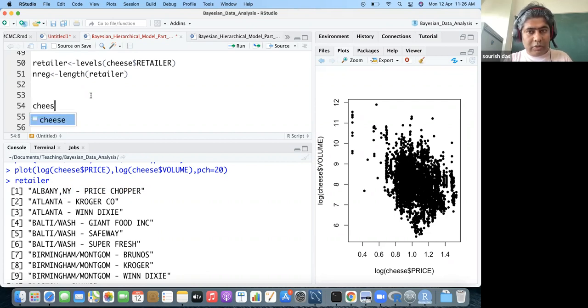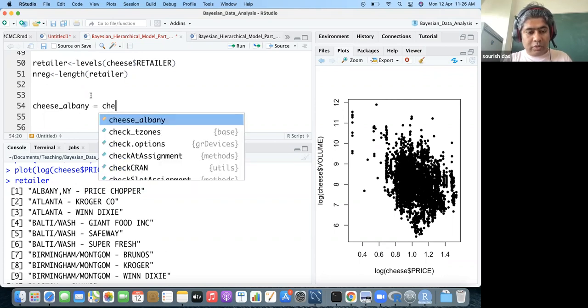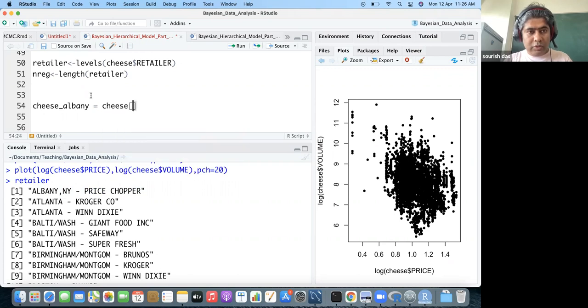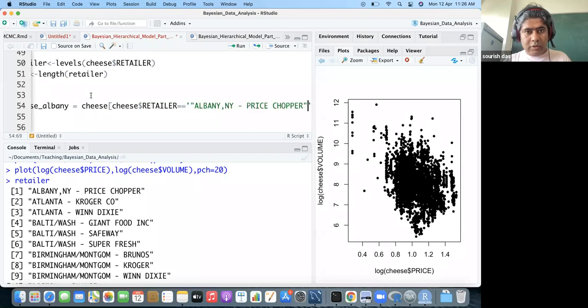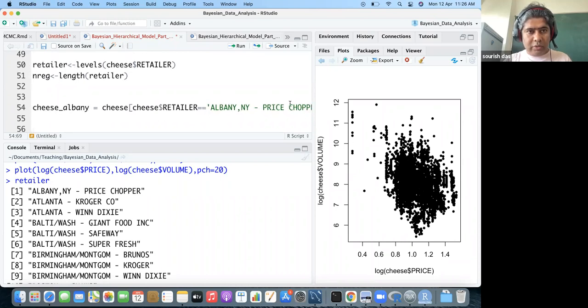Cheese Albany equals cheese, then cheese retailer.